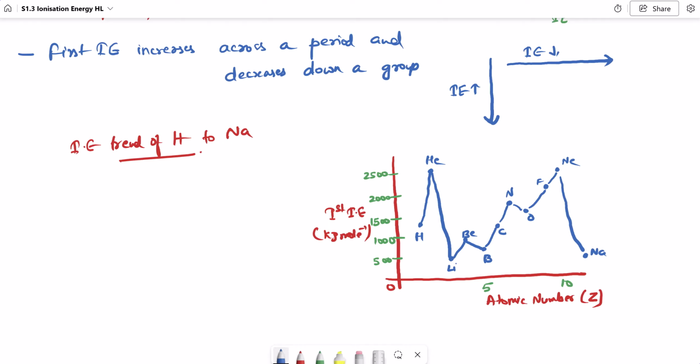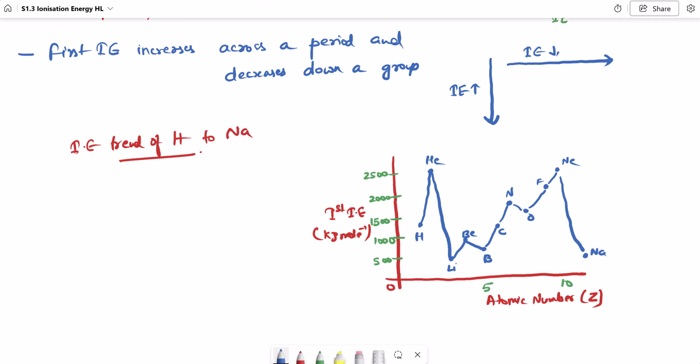What we are seeing here is that ionization energy is actually decreasing when we are going down a group, right?